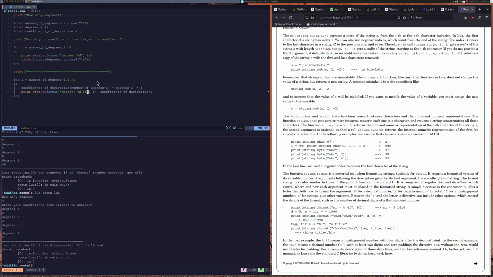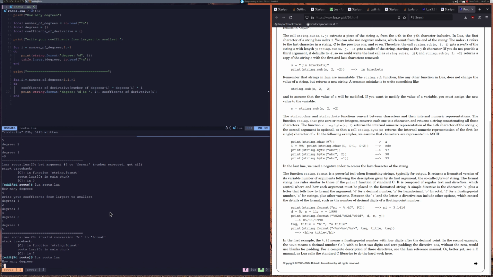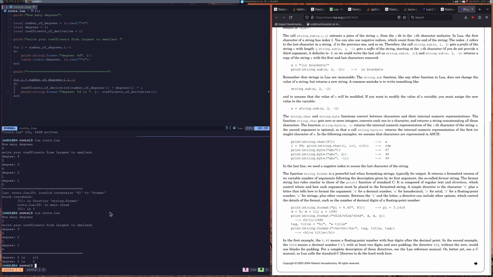Why does it have to do tabs though? Two is nil. Why is it nil? Degree 2 is nil.